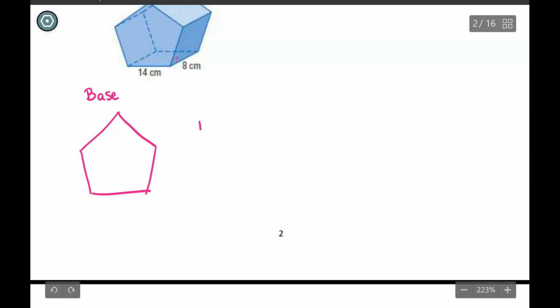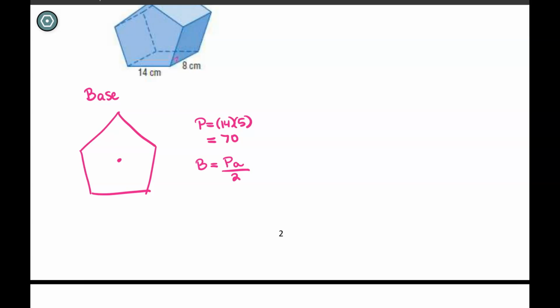Well, perimeter is easy, right? Perimeter is just going to be 14 times 5. It's a pentagon. And now for the area of the base, we're going to do perimeter times apothem divided by 2, because it's a regular pentagon. Now, if this is a pentagon, the central angle would be 360 divided by 5, which would be 72. And then when we cut that in half with the apothem, we get 36 here.